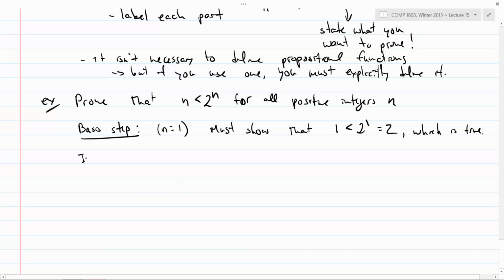Okay, so next comes the inductive hypothesis. In the inductive hypothesis, I want to assume that k is less than 2 to the k for some positive integer k.